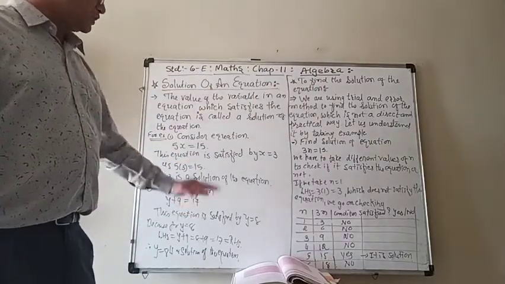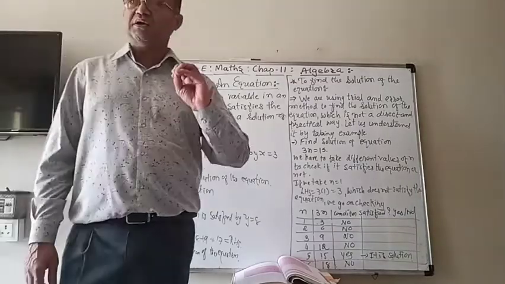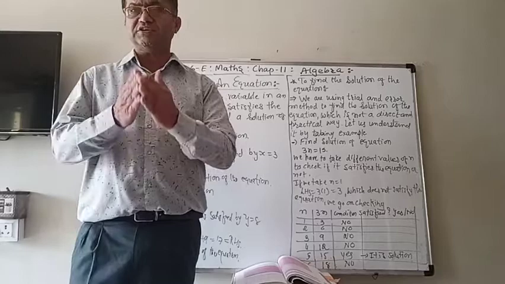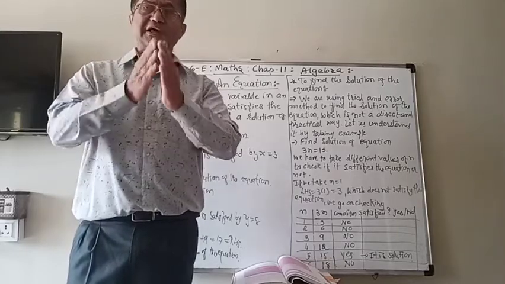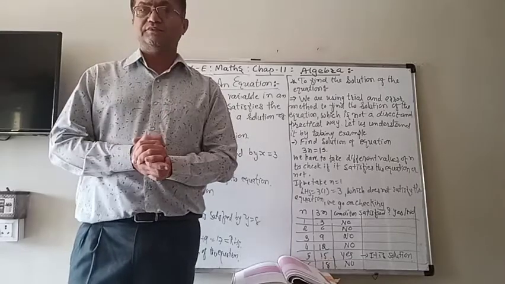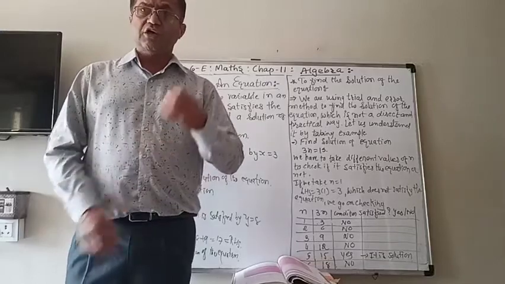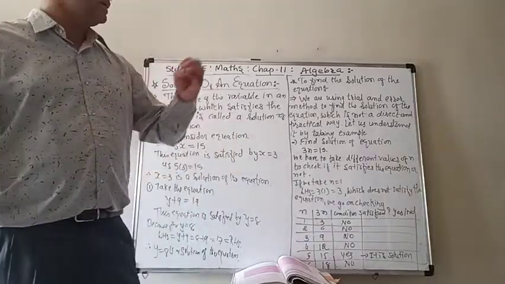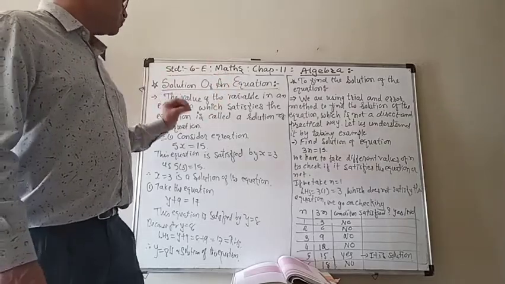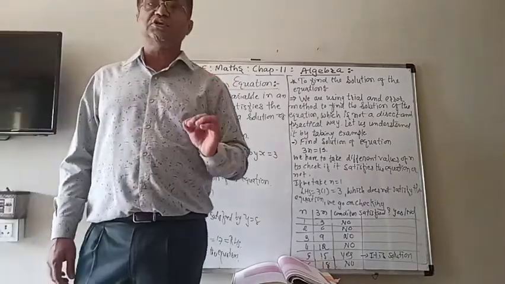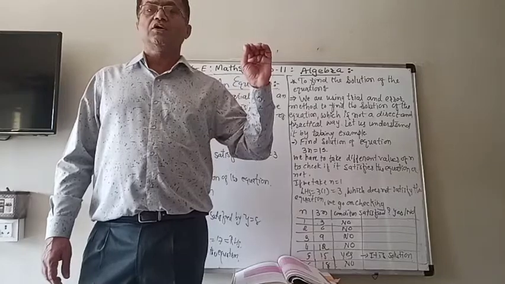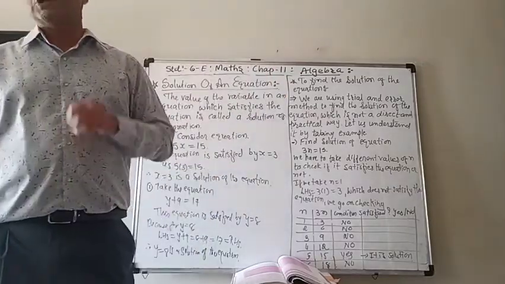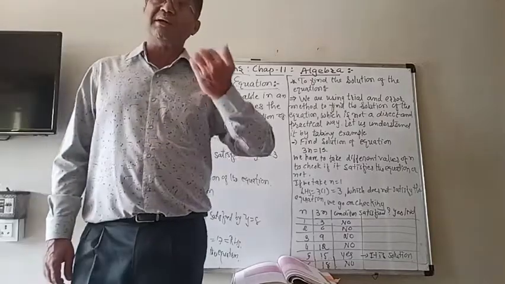So now you have an idea what the solution of the equation is. Let's repeat. The value of the variable in the equation which can satisfy the equation is known as the solution of the equation.